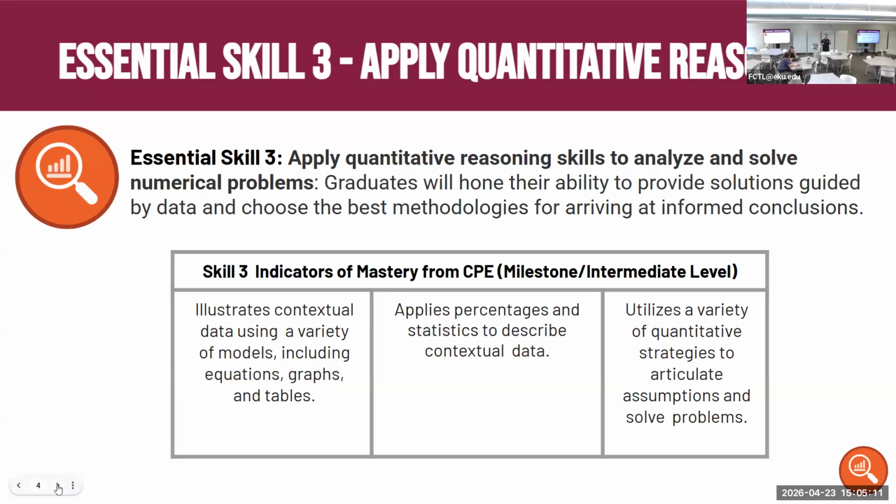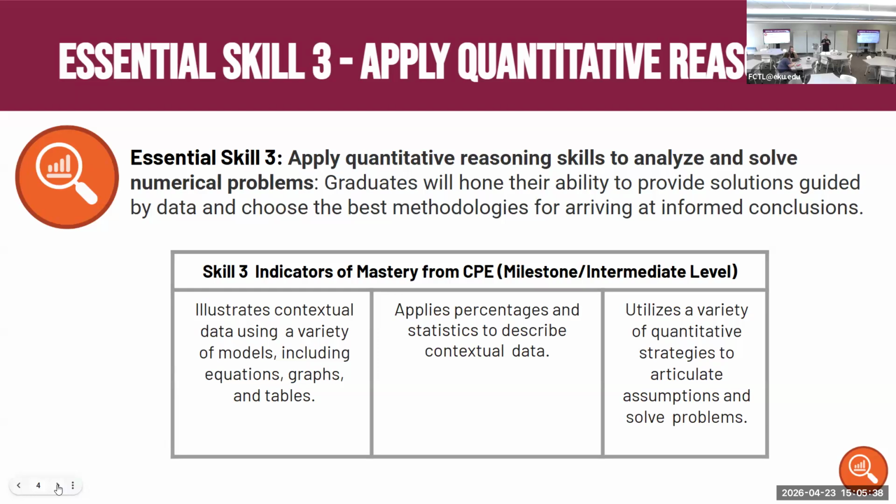Just to look at them, they're pretty on the nose of what we would think quantitative reasoning is. The first one illustrates contextual data using a variety of models, including equations, graphs, and tables. We know that you all use, especially in the math courses, all of those different ways to represent data. Second, applies percentages and statistics to describe contextual data.